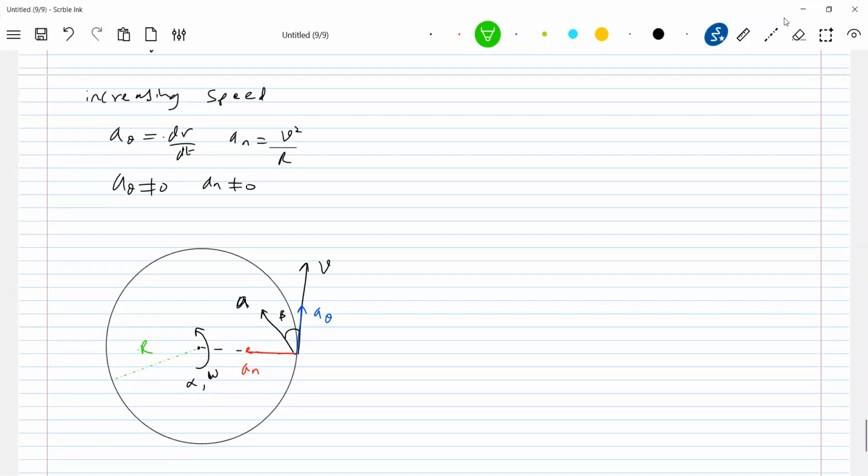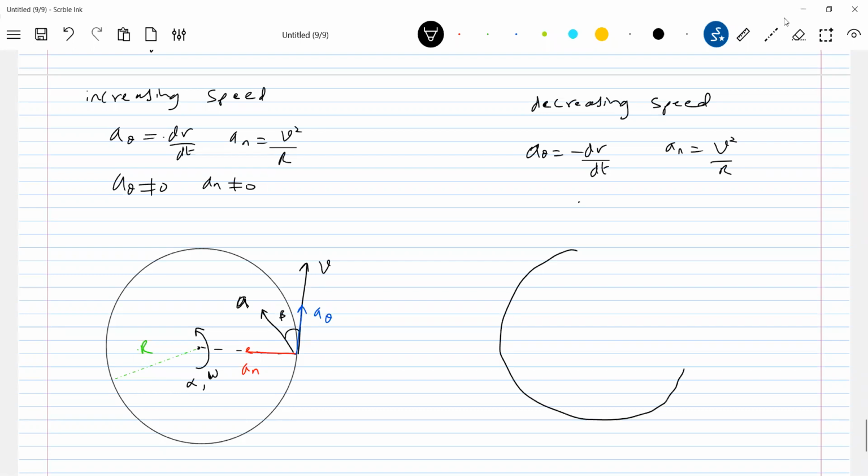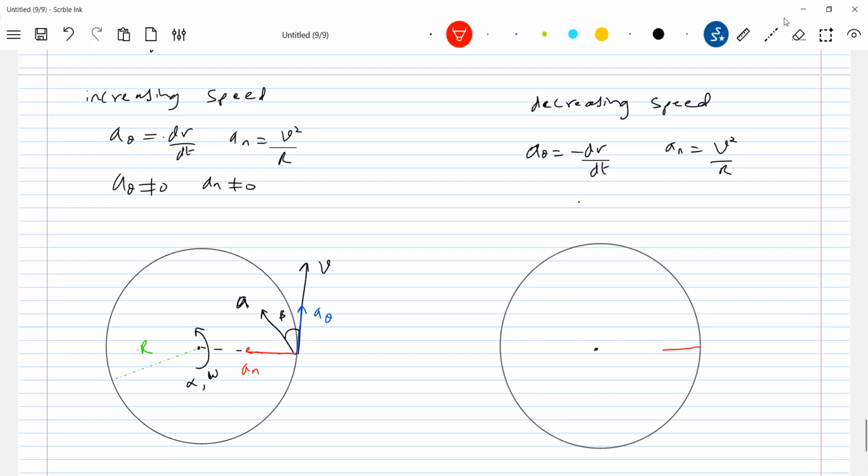Okay, speed increasing. Now speed decreasing. Particle moves with decreasing speed. Decreasing speed means retardation. Tangential speed decreases, but still both are non-zero. Okay, what about the quantities? How will centripetal acceleration be there? See, whether speed is increasing or decreasing, centripetal acceleration will be directed towards the center, not away from the center.